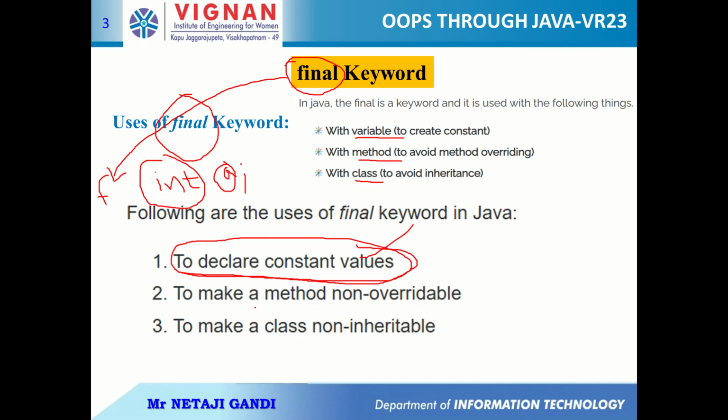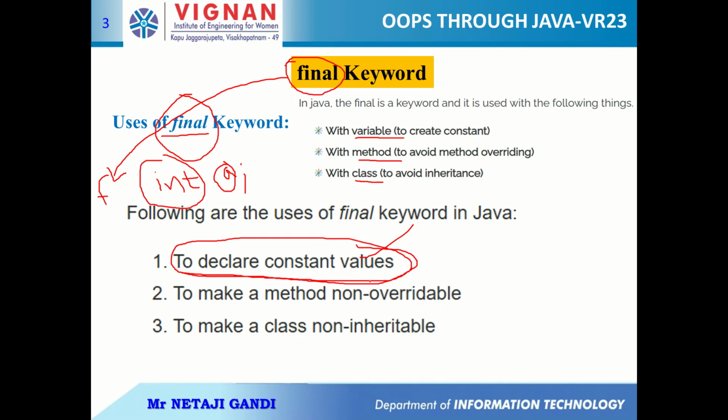Now the second one is that by using the final keyword, method overriding is not possible. What is overloading? What is overriding? This is a very important concept. So what is the difference between overloading and overriding? Overloading you already know: same function name with different types of parameters.